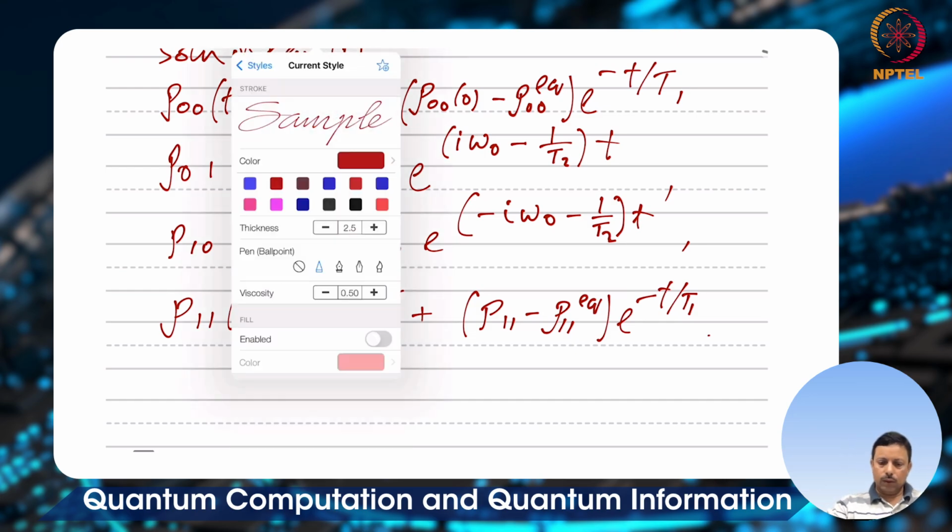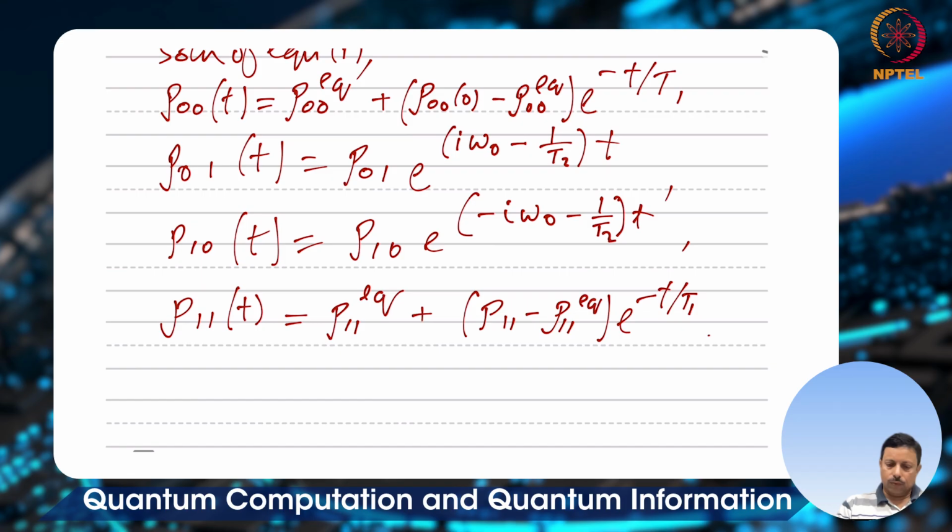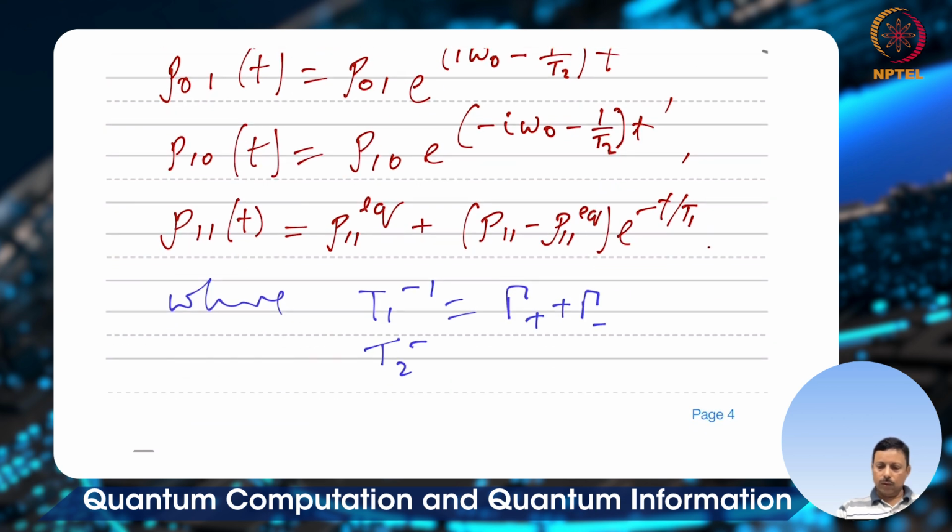And what are T1 and T2? T1 inverse is equal to gamma plus plus gamma minus, and T2 inverse is equal to (gamma plus plus gamma minus) over 2 plus 2 gamma z.